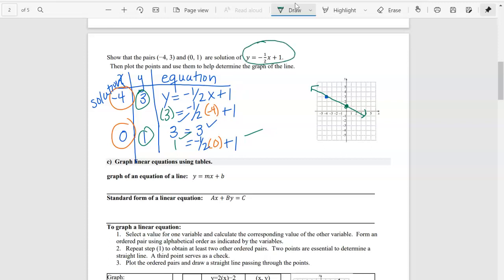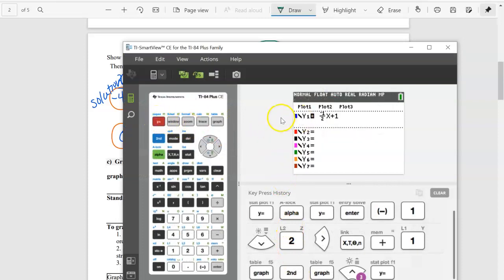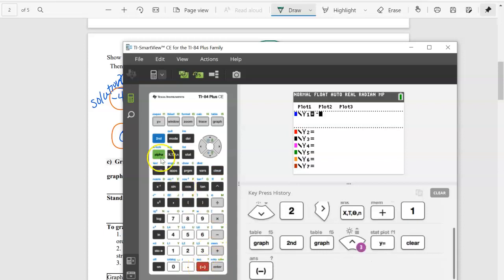Okay, so let's pull up that graphing calculator and see if we can get it to check our work real quick. So I'm going to go to y equals, and let me clear this out just to make sure you know how to type this in. So I hit the y equals button. I'm typing in the equation negative, and then I want a fraction, 1/2.